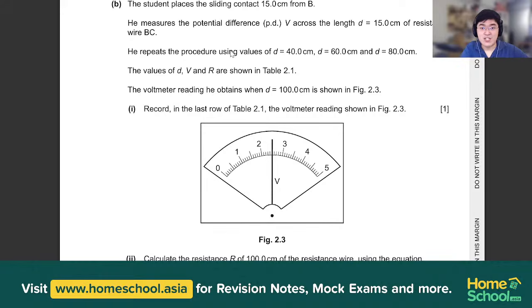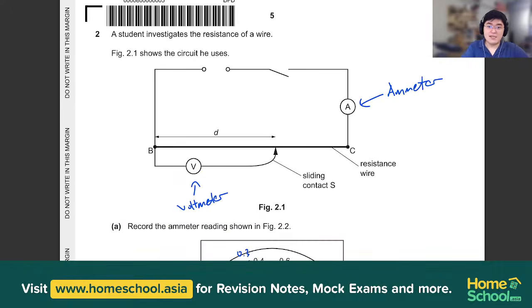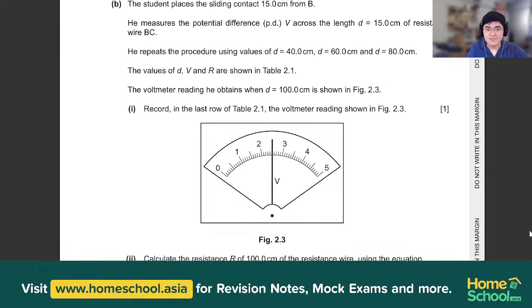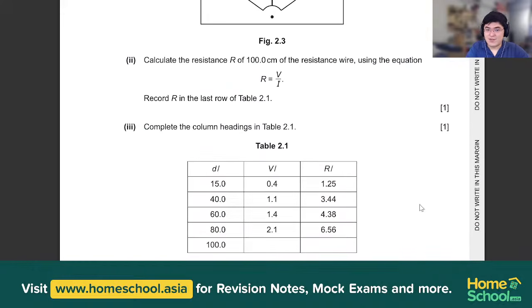Then he repeats the procedure using values of D equals 40, 60, and 80. So in other words, he starts from 15 centimeters over here, then he moves on to 40, 60, and 80. And he records the values of D, V, and R in table 2.1 over here. So you can see 15, 40, 60, 80, and 100.